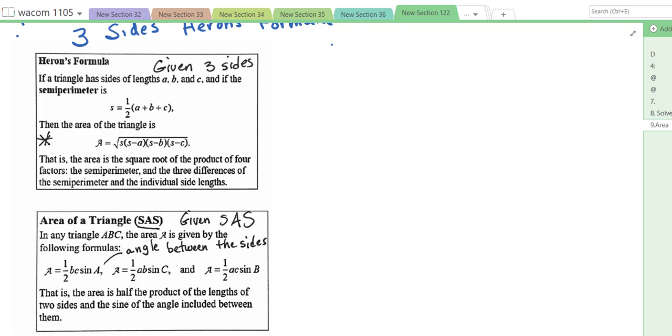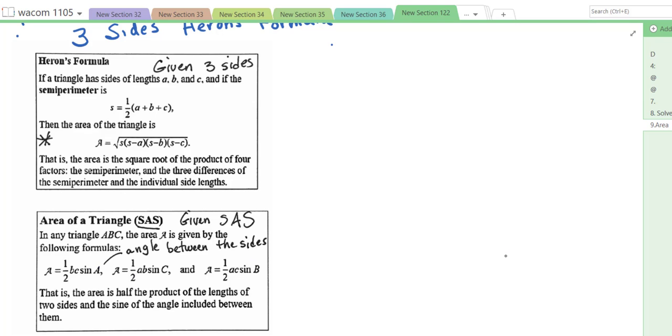You will find the semi-perimeter, and then you will use the square root of the S. You have to know these formulas, all right? And there's your formula. Or you will use the formula down here, 1/2 times BC times the sine of A, or whichever ones. This is the angle between the sides that are given.